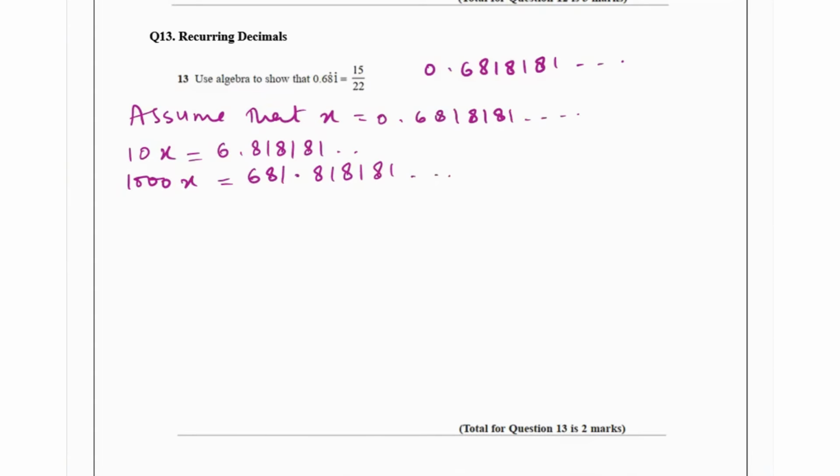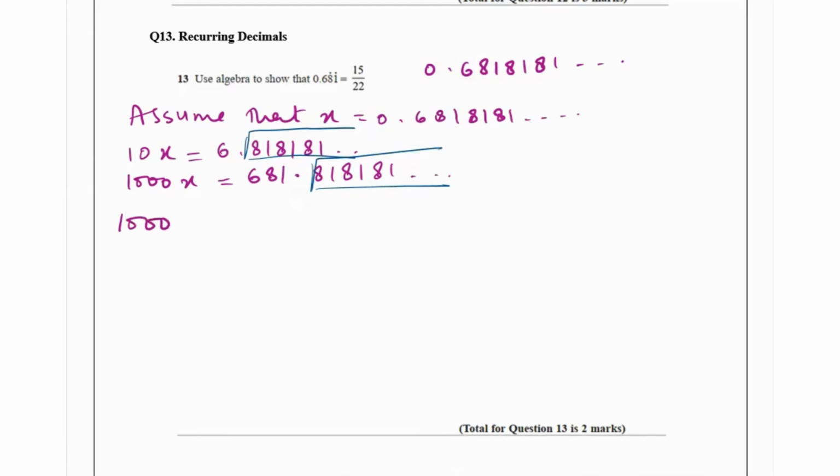If you notice, over here the numbers after the decimal are 818181, and the same goes over here. They're the same. So when I subtract 6.81 recurring from 681.81 recurring, there will be no decimal. It will be a whole number.